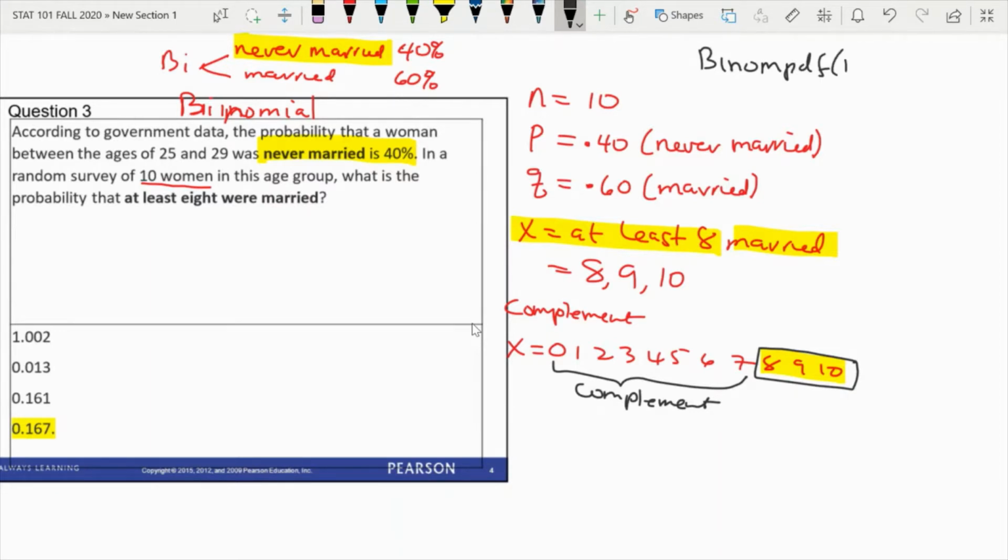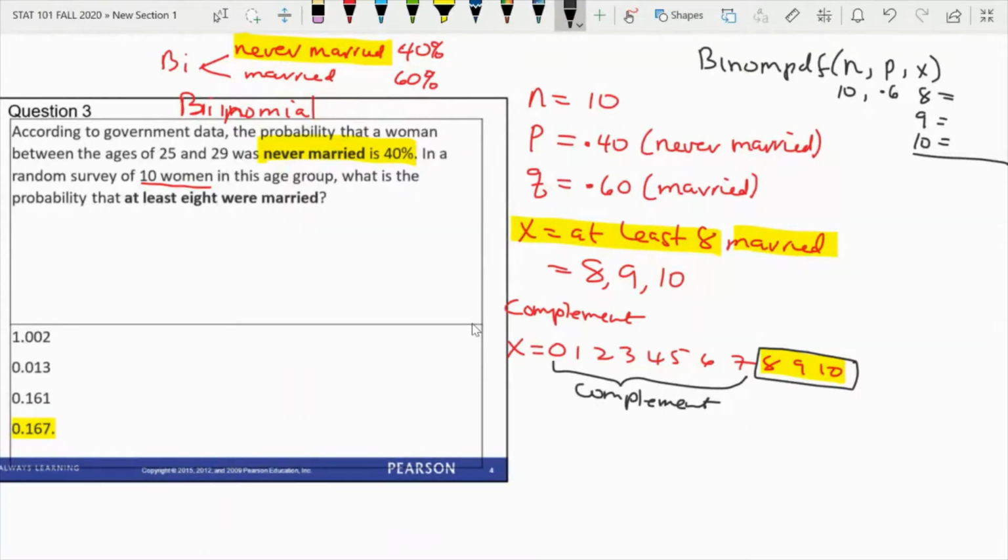Take n, p, and then the x. n is 10, p is 0.6, and then x you do for 8, then for 9, then for 10. When you finish, you add the 3 answers.